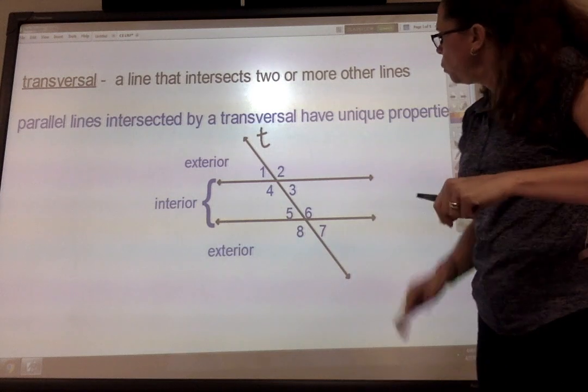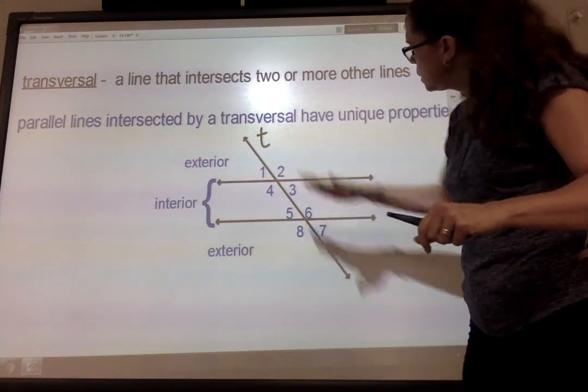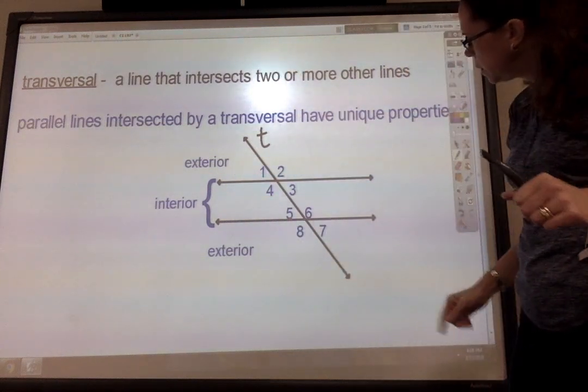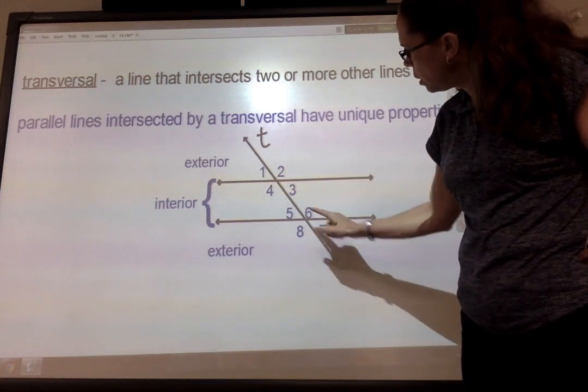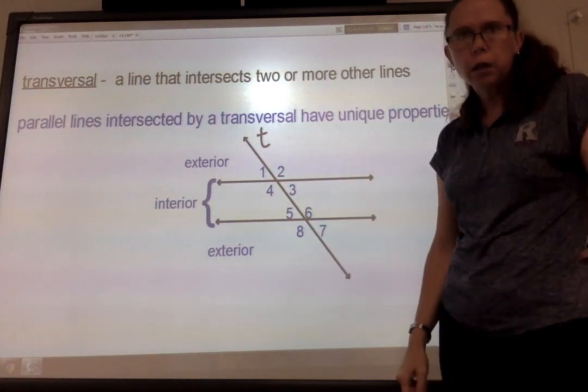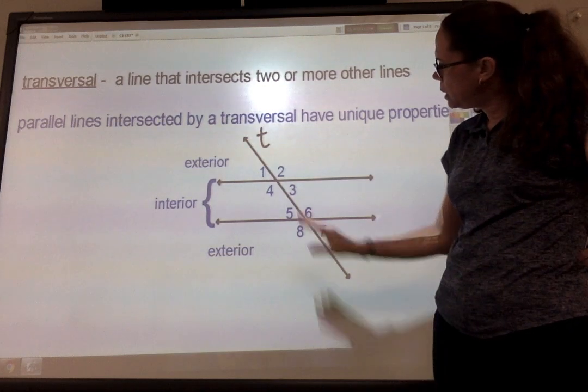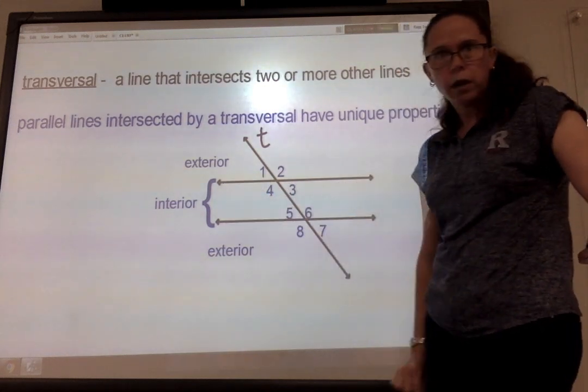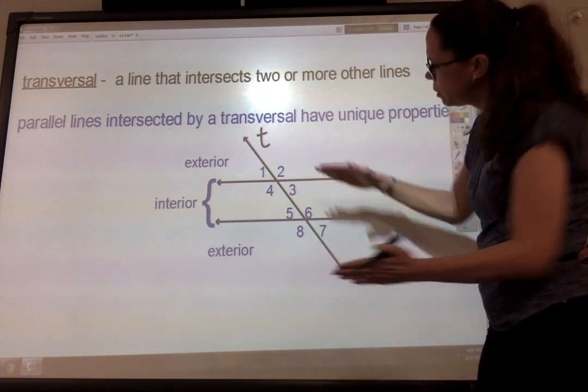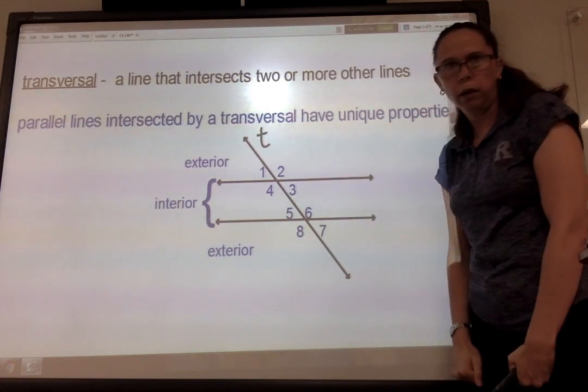Now, when I have my parallel lines and then I draw a transversal, I hope you see that there are 8 angles that are created. Some of these angles are considered interior angles, meaning they are inside of the parallel lines.